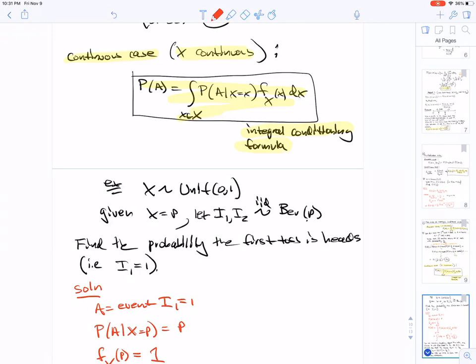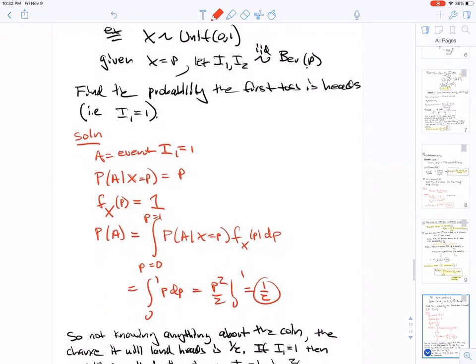So I'm going to condition on the probability of my coin tossing heads. In other words, x to be p, and p is going to run from 0 to 1.